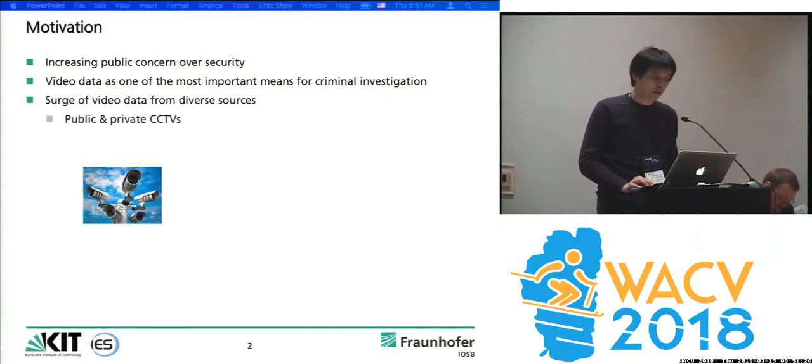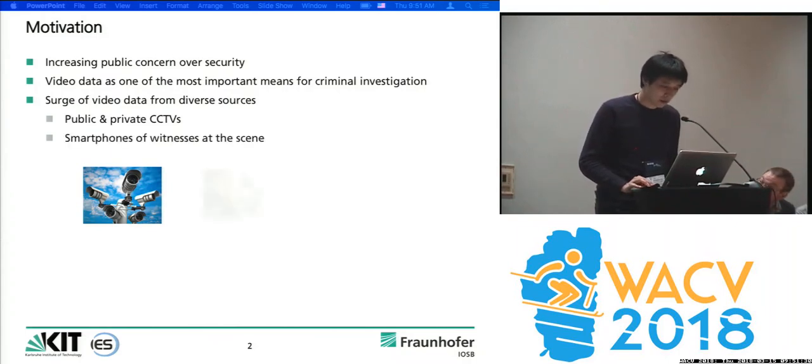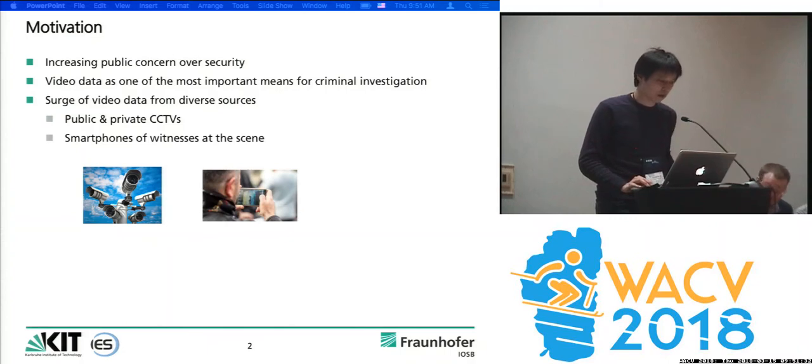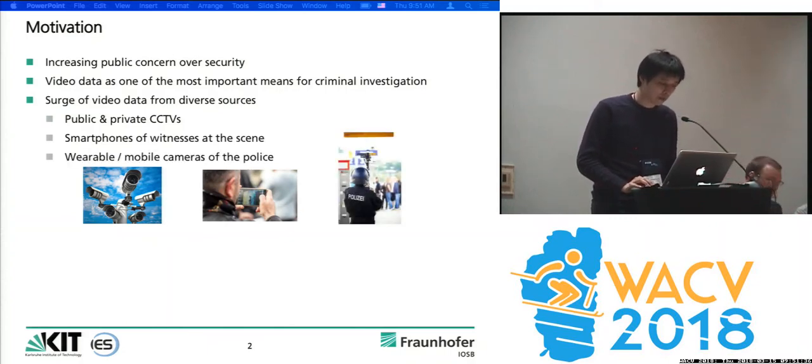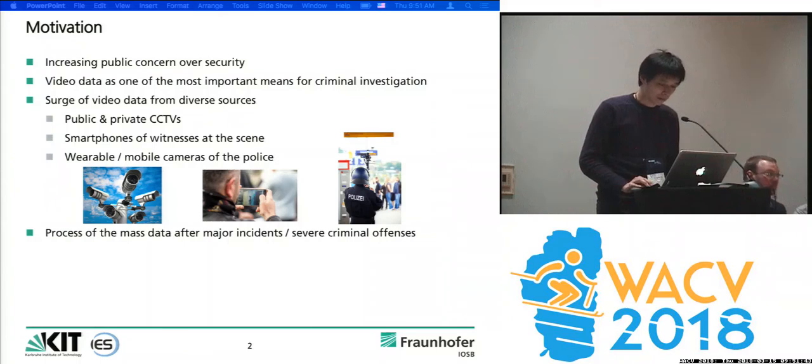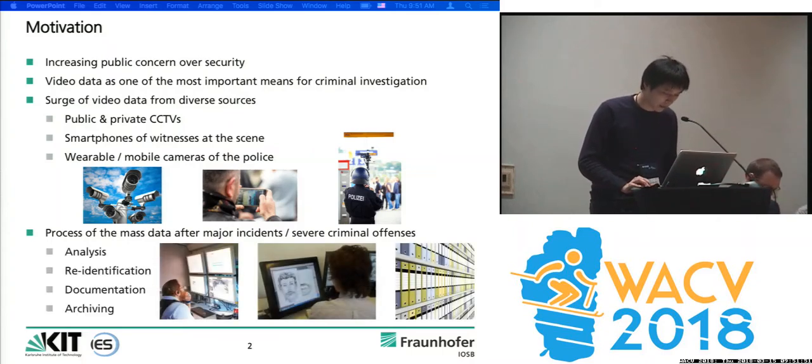For example, we get data from public or private CCTVs, or videos from smartphones by witnesses at the crime scene, and we also have mobile or wearable cameras used by the police. So the problem is how to process and analyze this mass data efficiently. For example, we have to do analysis, re-identification, documentation, and the final report.